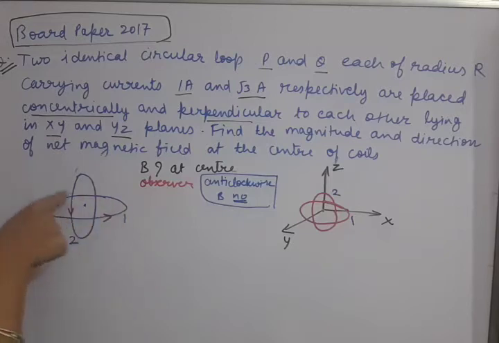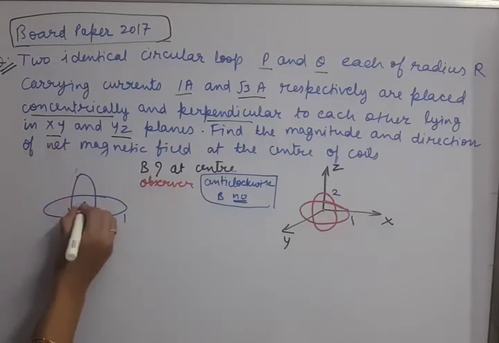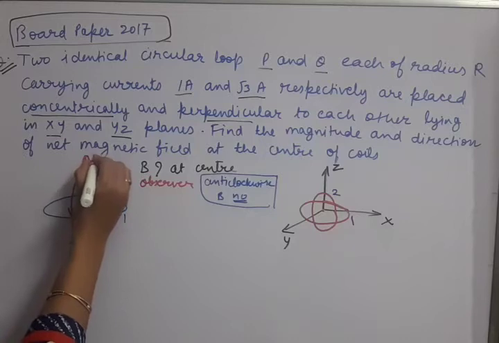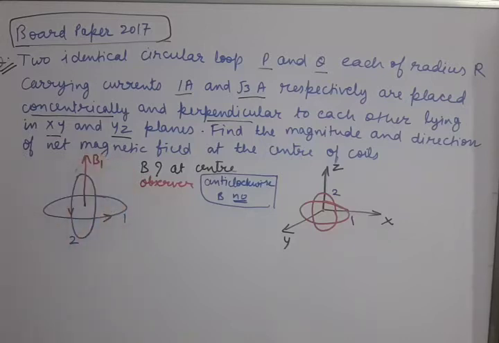For the first current, the horizontal current, you can see that the current direction is anti-clockwise. So its magnetic field will be normally upwards. The first coil is the one in the XY plane. Its magnetic field is normally outwards because we have taken the current direction as anti-clockwise.